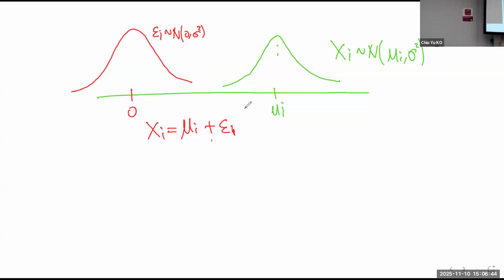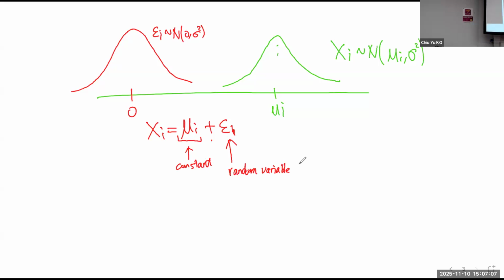You just move it back. So usually this mu i is a constant. So this number doesn't change, it is not a random variable, but this epsilon is a random variable. Okay.